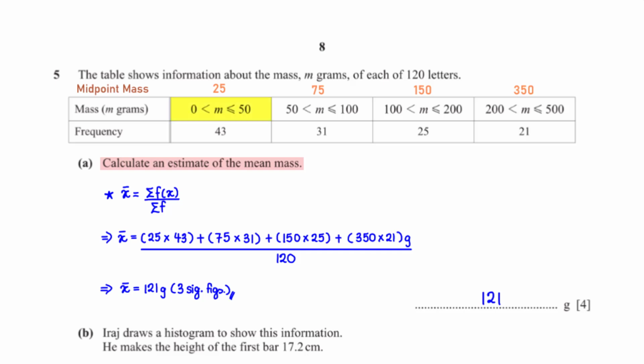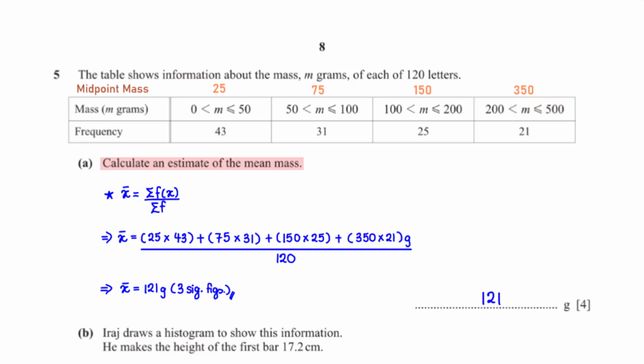So for the first interval, the midpoint mass is 0 plus 50 divided by 2, which is 25. Then we have 50 plus 100 divided by 2, which is 75. 100 plus 200 divided by 2, which is 150. 200 plus 500 divided by 2, which is 350.